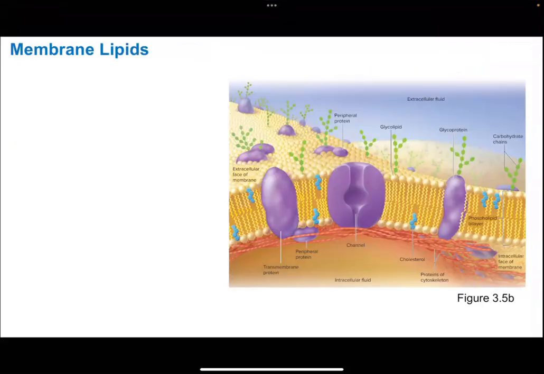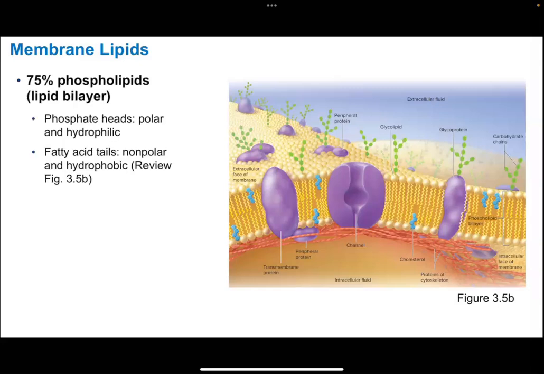When we look at this up close, again, like I said, the lipids are the main component of the membrane. So we need to look at the composition of the membrane in terms of lipids and then separately as proteins. It's 75% phospholipids, that lipid bilayer I talked about.